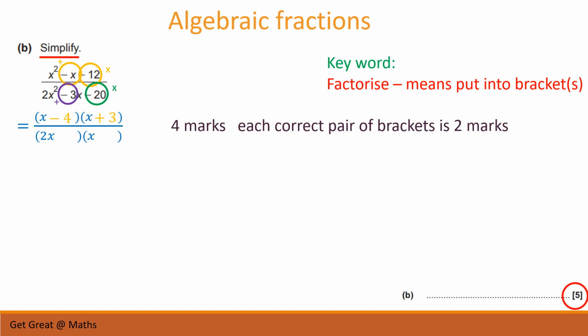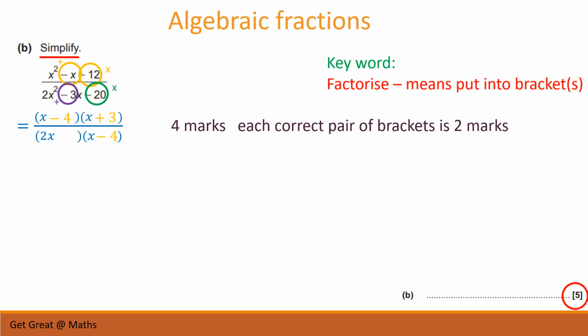Now when we're simplifying, one of the numbers in the brackets of the numerator has got to be the same as in the denominator. Now I've got to have two numbers that multiply to that green number, negative 20. If I use the numbers that are in the numerator, I've got a 3, 3 doesn't fit into 20, so one of the numbers must be negative 4.